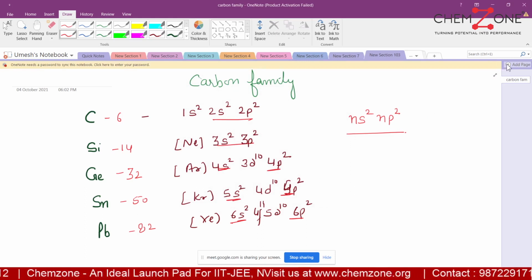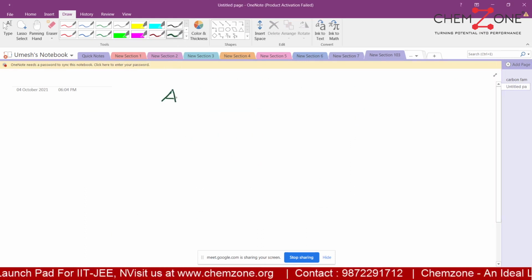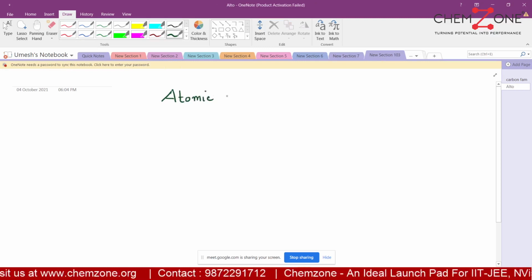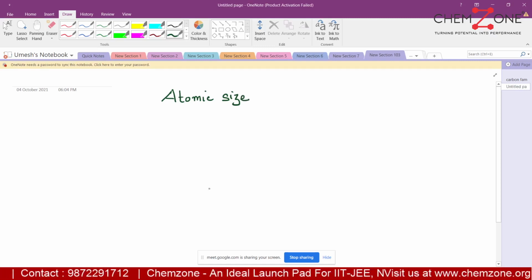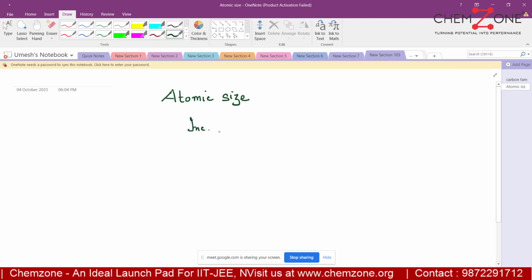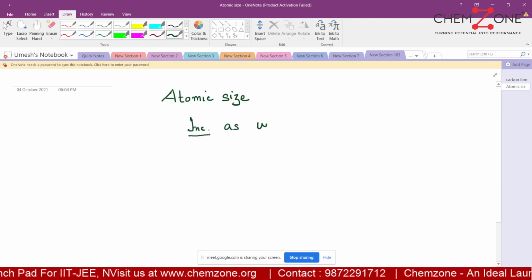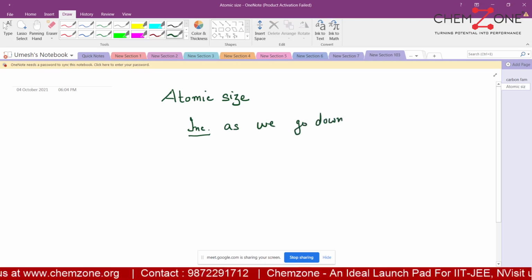Now from this electronic configuration, can you tell me how does the atomic size vary down the group? It increases as you go down the group, right? Why does it increase?